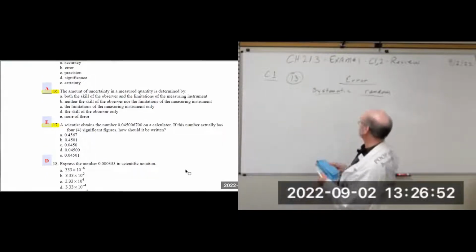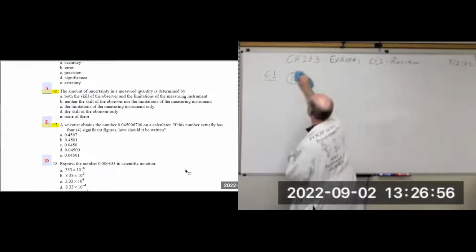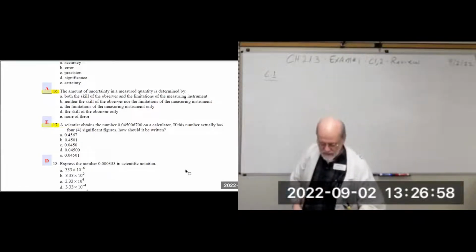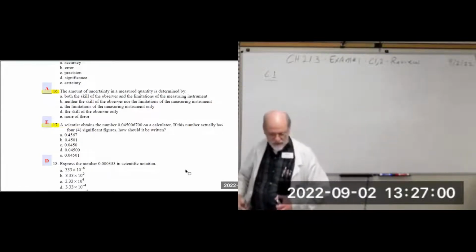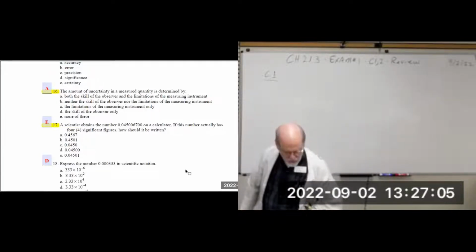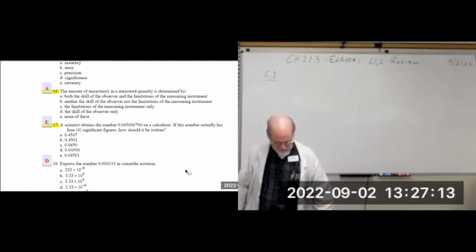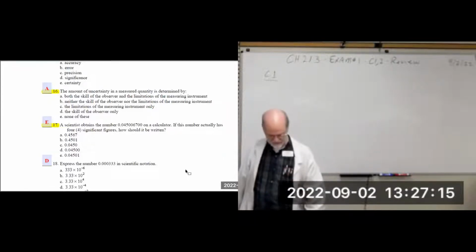Let's see, 16 and 17. The amount of uncertainty in a measured quantity is determined by what? Well, let's see, what are our choices? Skill of the observer, limitations of the instrument. Looks like those are the only two that are given in different combinations.